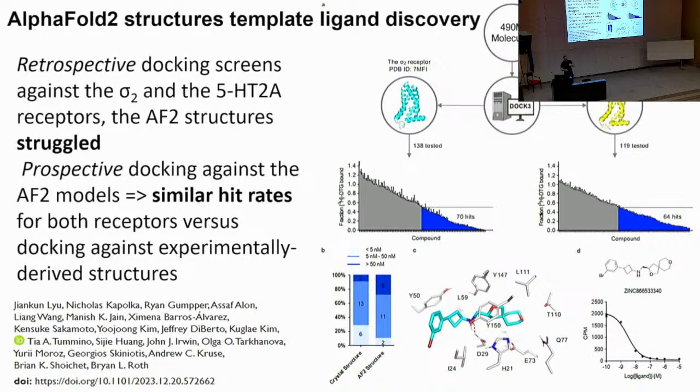And they found out that those hits are binding differently than in the experimentally derived structures, but they were able to reach even less than 5 nanomolar binders, as with the experimental structures. So it's quite interesting that even though you cannot redock, you can find new things.